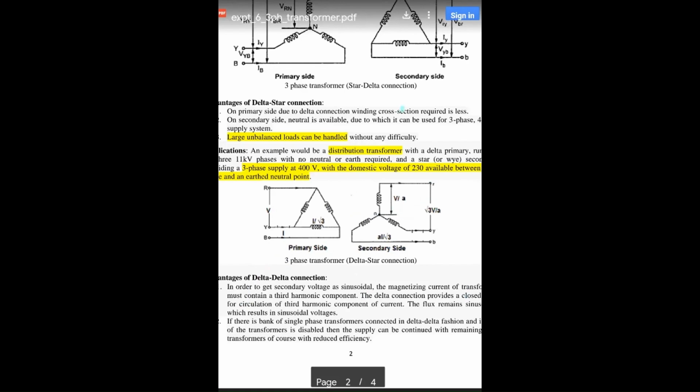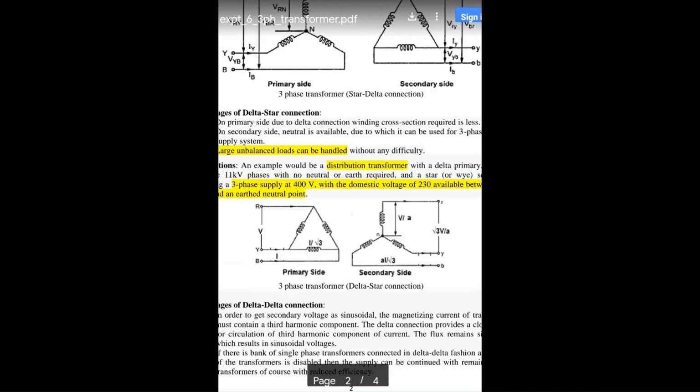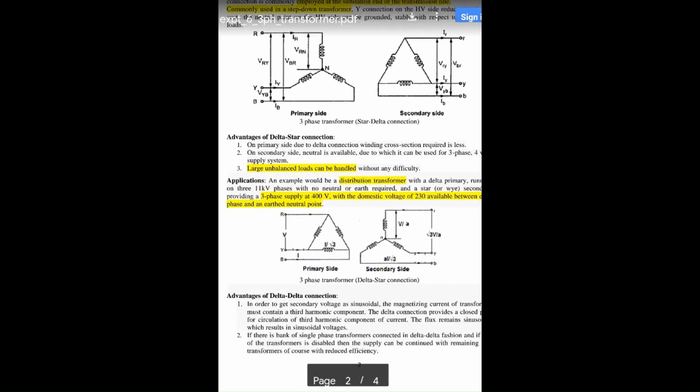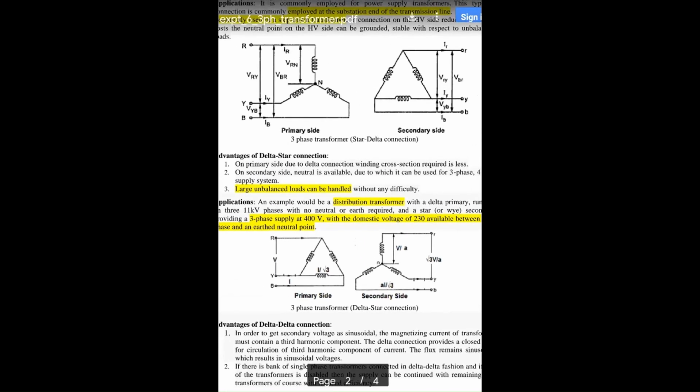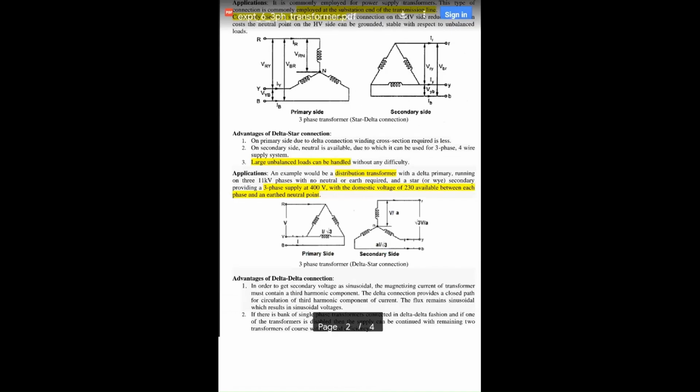So this delta star again can handle the unbalanced load without any problem, and its application is the distribution transformer, with the delta in the primary side and load connected in the secondary side.